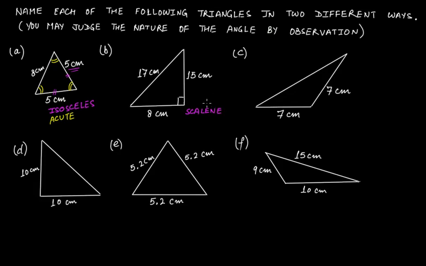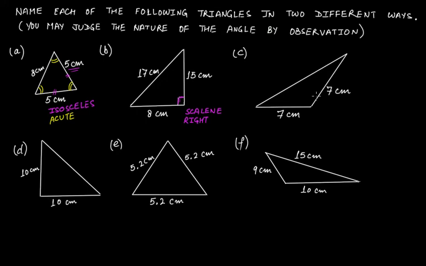So this classification of this triangle is on the basis of their sides. The next one is on the basis of angle. If you look at this triangle, then this symbol shows that it's a right angled triangle. Therefore this will be a scalene as well as a right angled triangle.